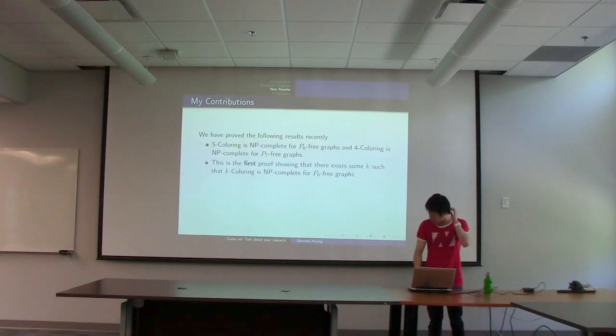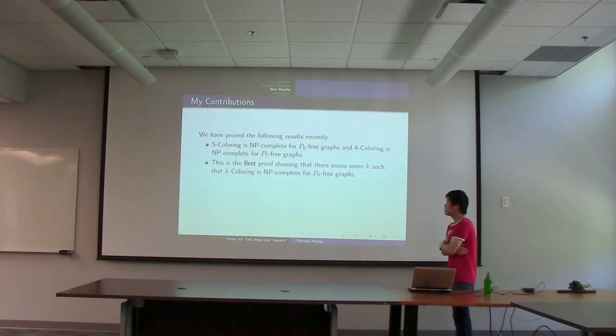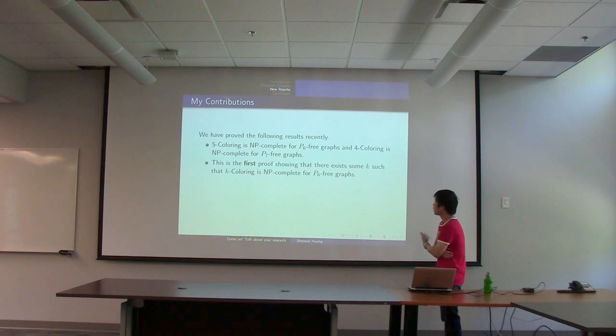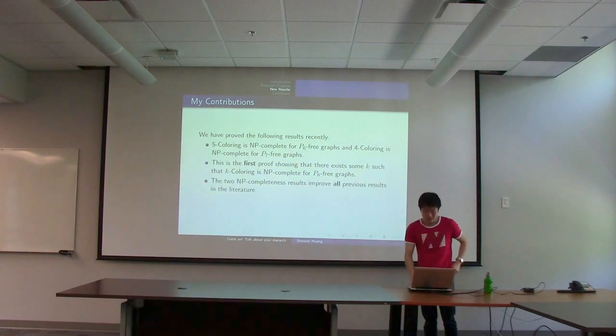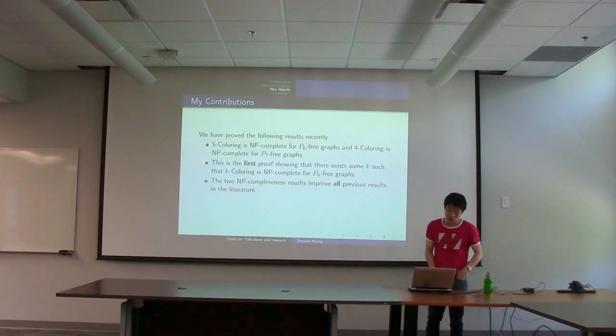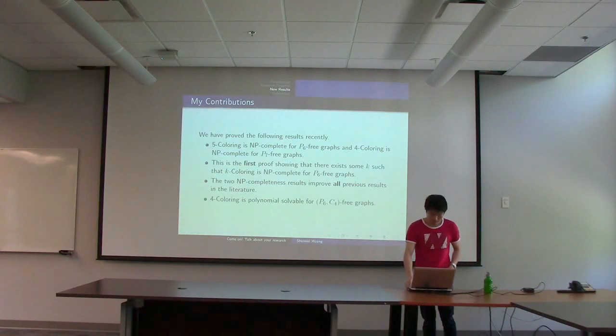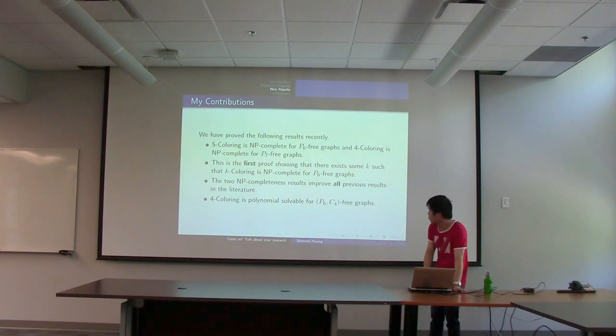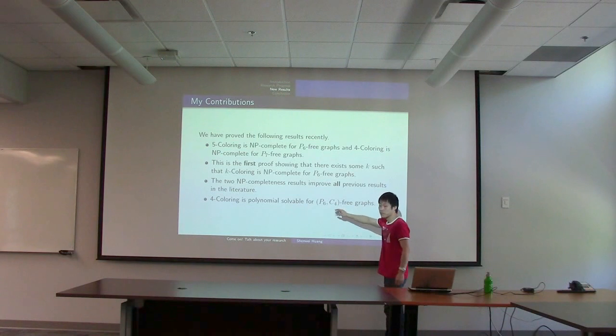The significance of our result is that this is the first proof showing that there exists some K-coloring that is NP-complete for P6-free graphs. And these two results improve all previous results in the literature, including those on pre-color extension and list coloring. And further, we have a polynomial time algorithm for a subclass of P6-free graphs.